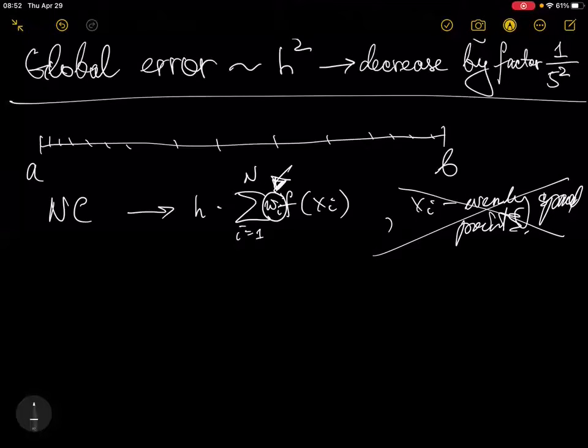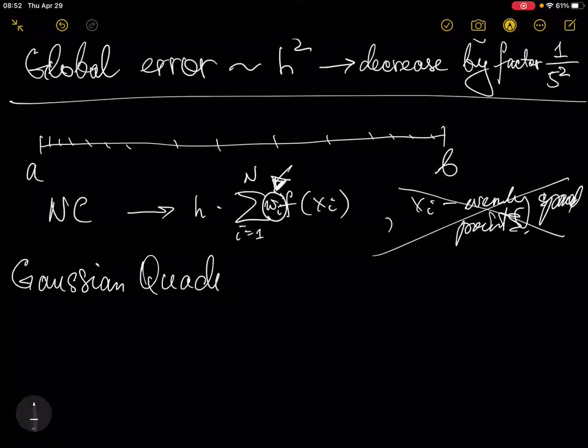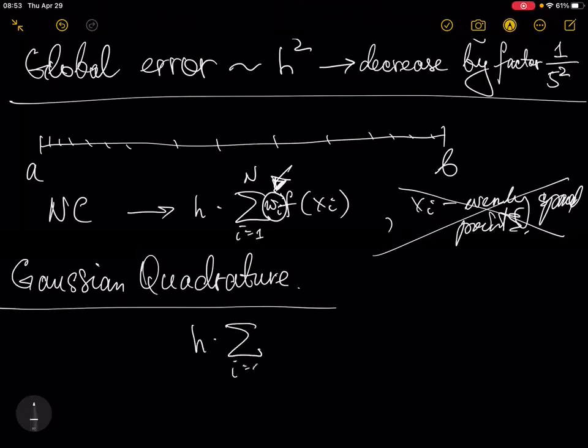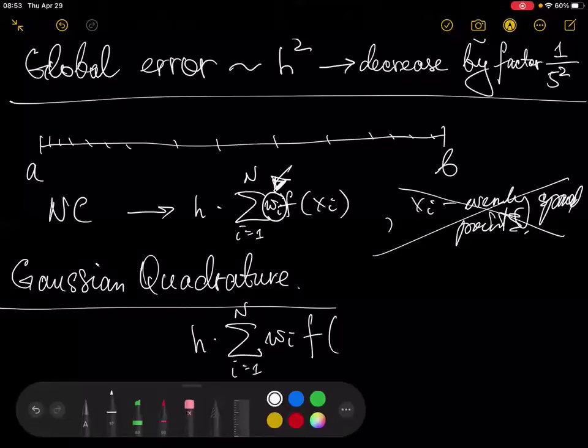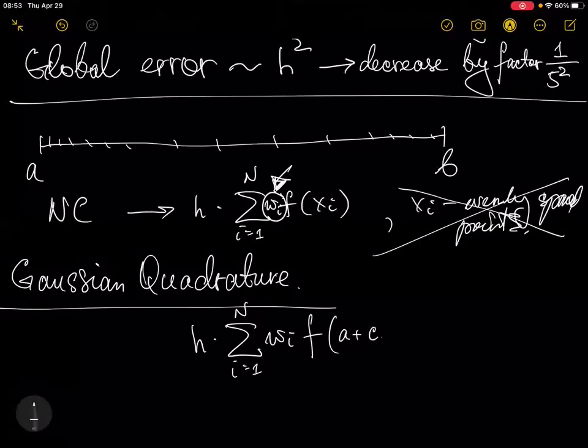So then there is Gaussian quadrature, which says that, okay, let us consider not only weights as free parameters, but also the positions of these points as free parameters.